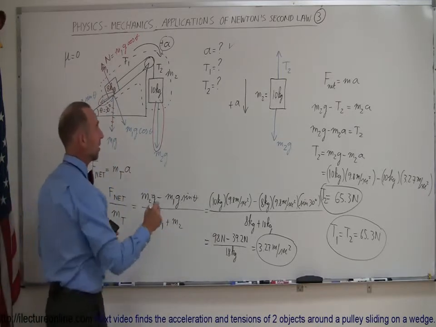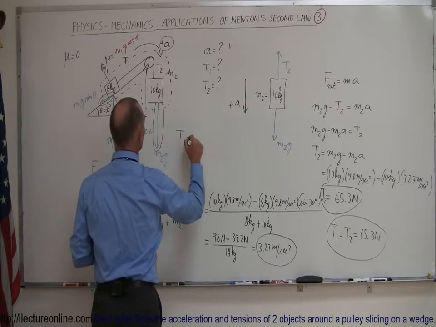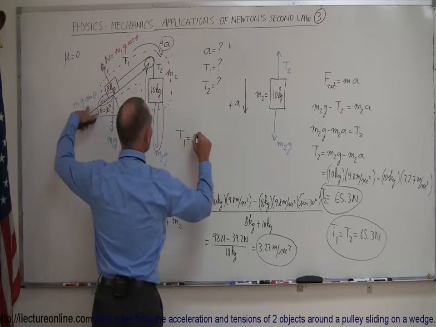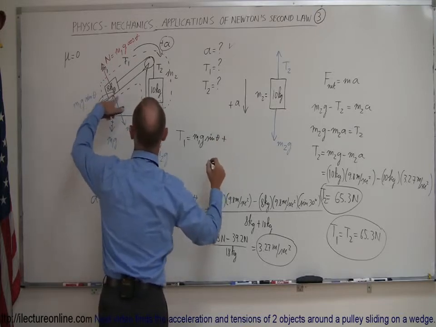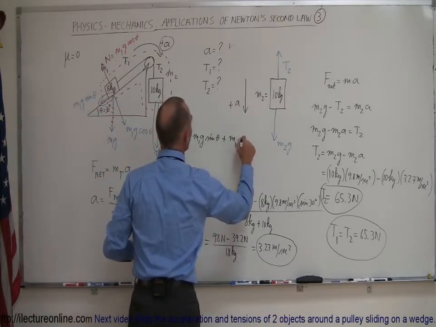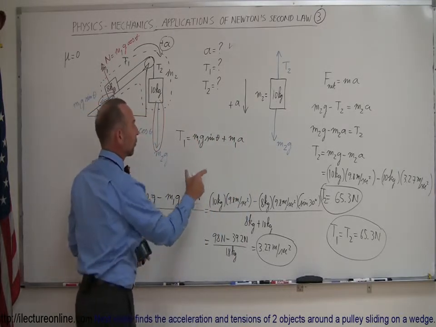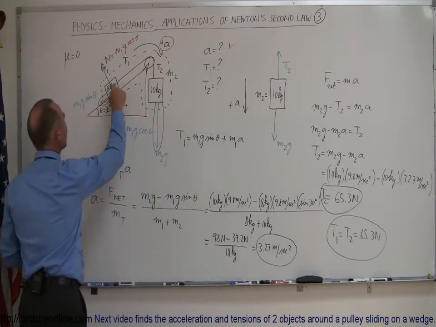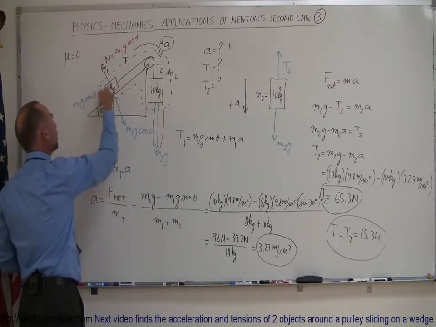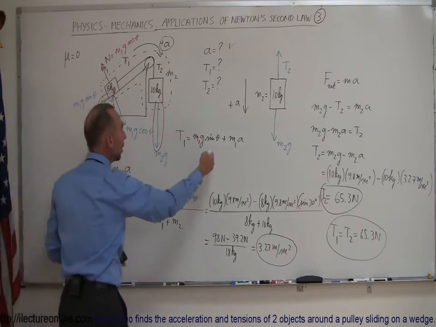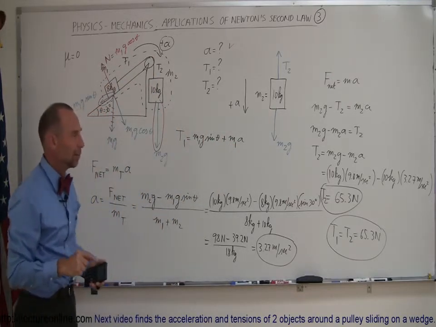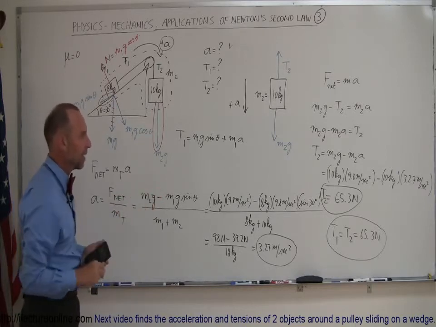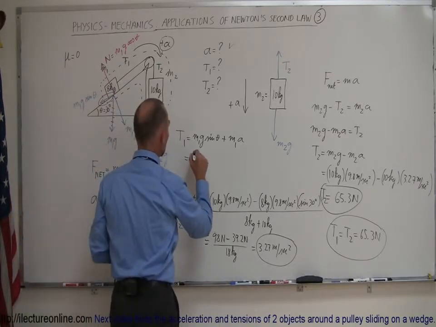So another way of looking at it is to say that T1 must equal m1g sine theta plus m1a. So it's the force required to hold up this mass against the gravity component along the incline, plus the force required to pull this mass up the incline. And if we plug in the numbers there, we'll get the same answer. Well, we can see that's true.